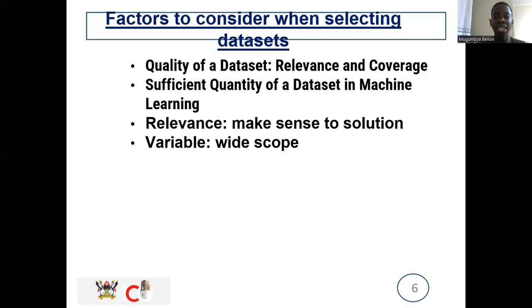Then the data set should also be variable. Variability usually helps us to avoid things like bias in our data. So it should be taken from different regions to prevent bias within our data.